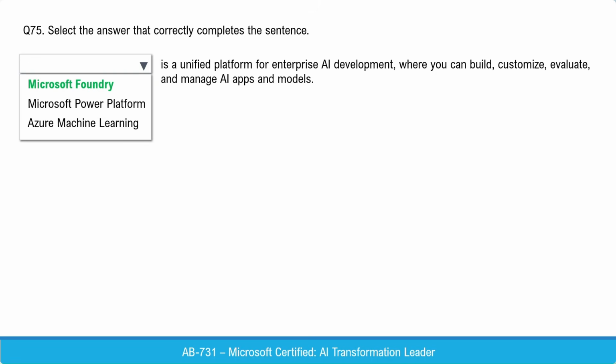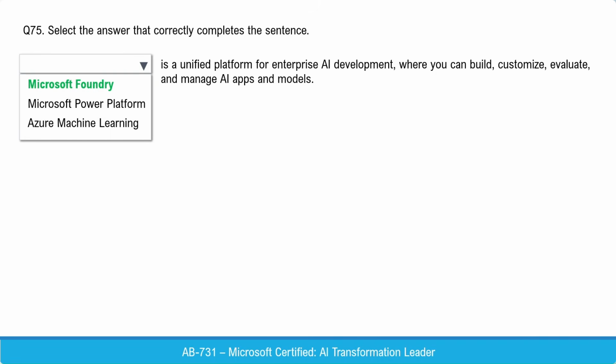Let's understand the key phrase in this question. It says a unified platform for enterprise AI development where you can build, customize, evaluate, and manage AI apps and models. This description directly matches Microsoft Foundry. Foundry is designed as an end-to-end platform that brings together all the capabilities needed for enterprise AI, including model selection, orchestration, evaluation, and deployment.